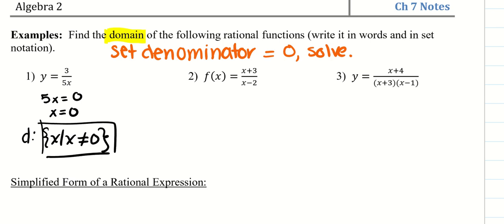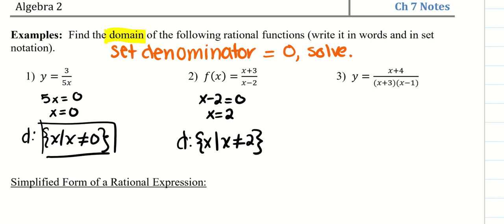So this is in set notation. The denominator, x minus 2, equals 0, so x equals positive 2. The domain of this function would be values of x where x does not equal 2. For number 3, we would have two x values where the function would be undefined.